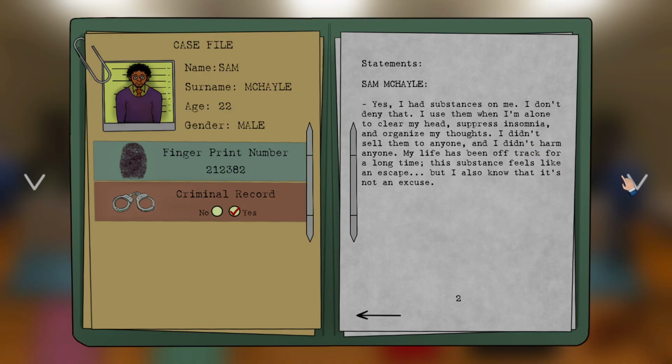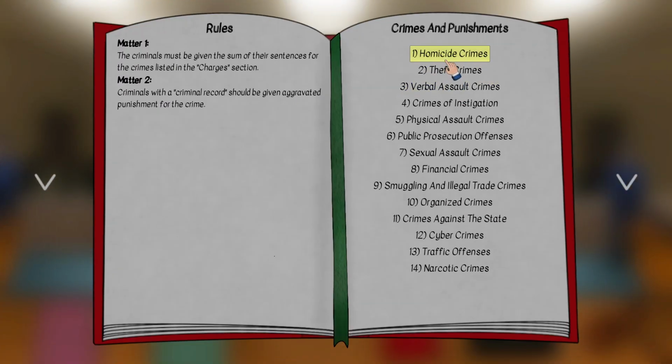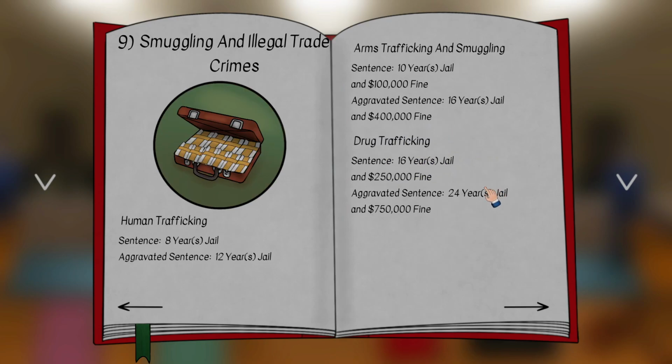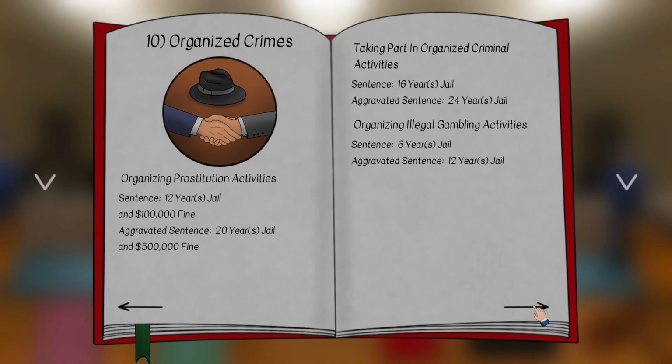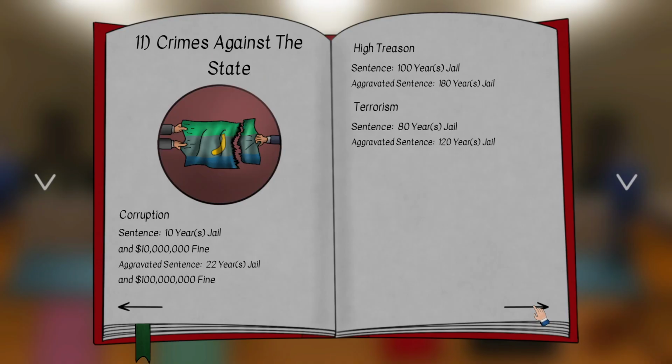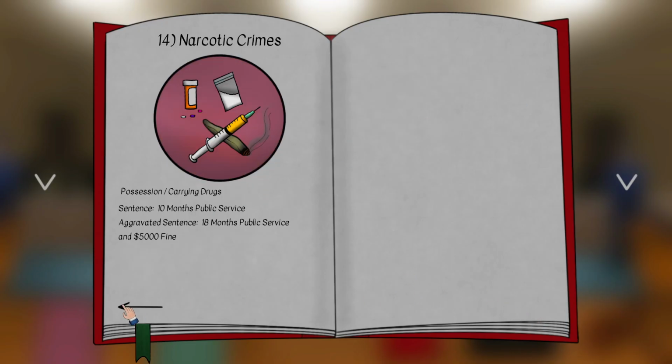Alright, so he has drugs on him. Let me see. Federal crime, smuggling, human trafficking, no. Yo, whoever's coughing, I'm gonna get you, bro. Alright, here we go.